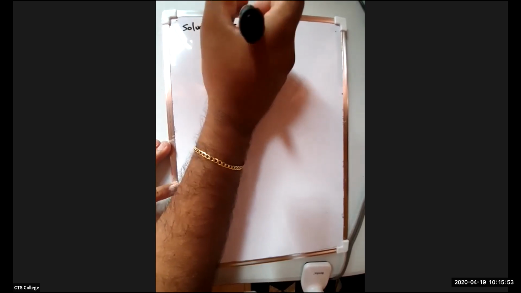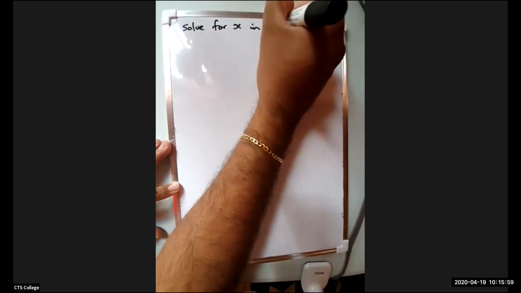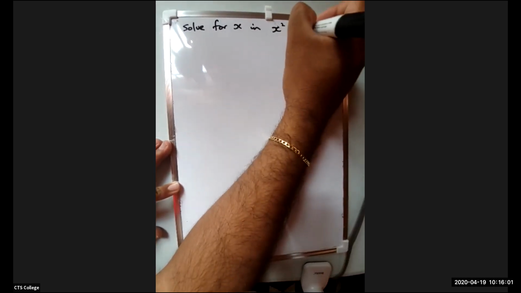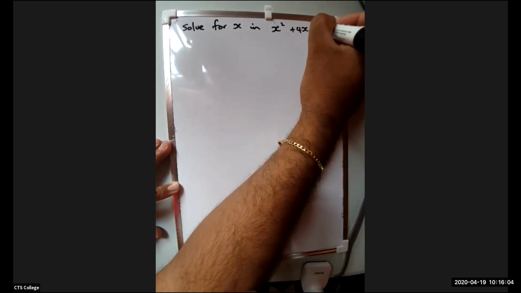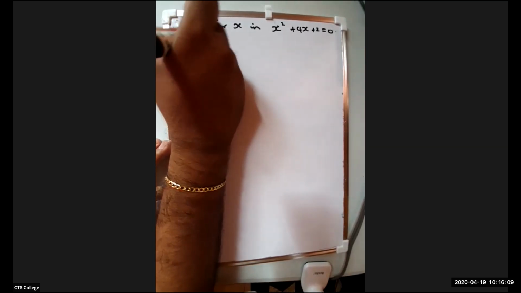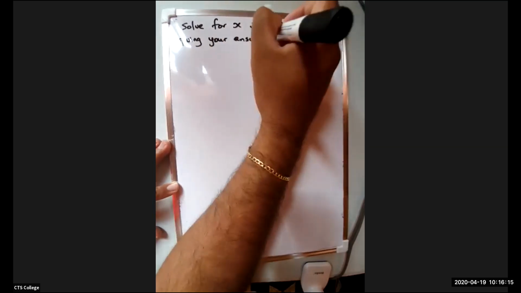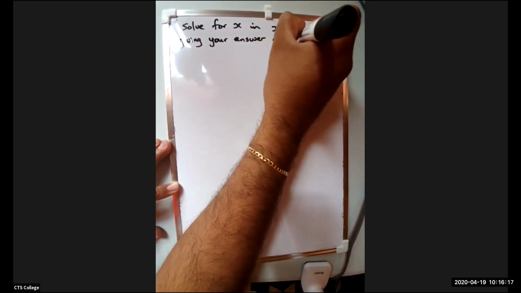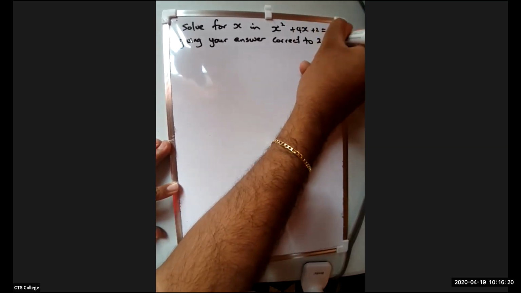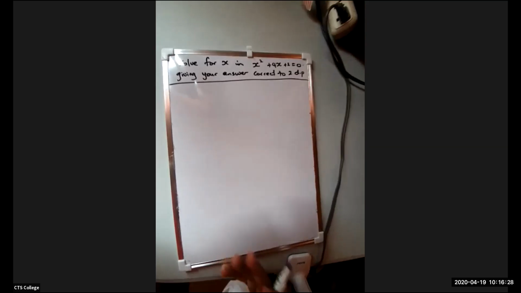Solve for x in x squared plus 4x plus 2 equals 0, giving your answer correct to 2 decimal places. That's the question, right? Yes, folks? You're seeing it there, right?